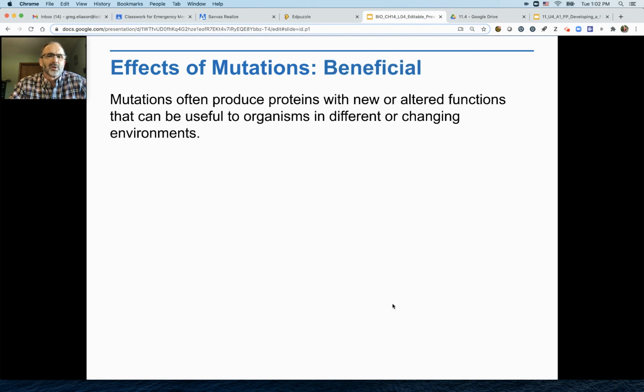Okay, beneficial mutations can produce proteins with new or altered functions that can be useful to organisms in different and changing environments. And so, a beneficial mutation within an environment, we're going to stack that on top of population growth.